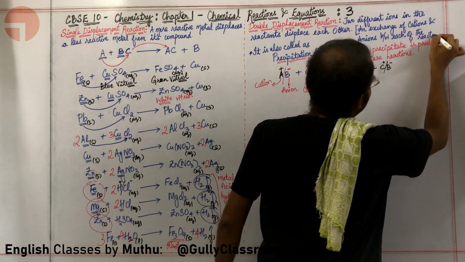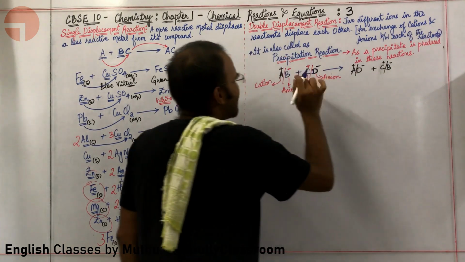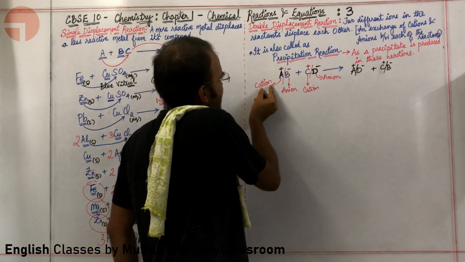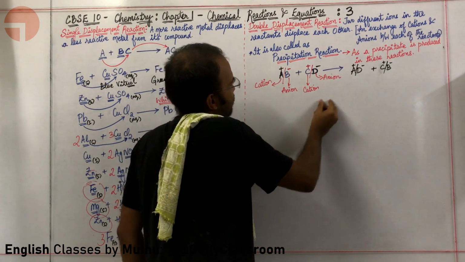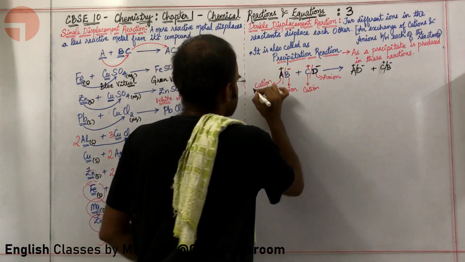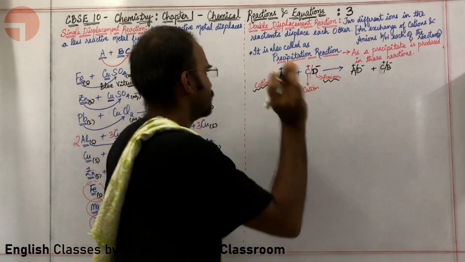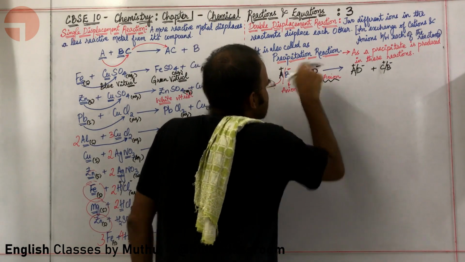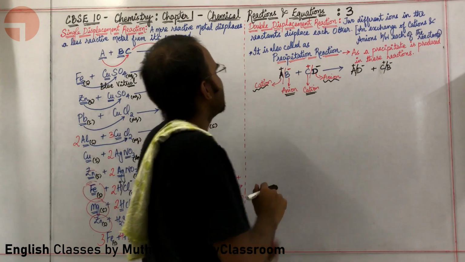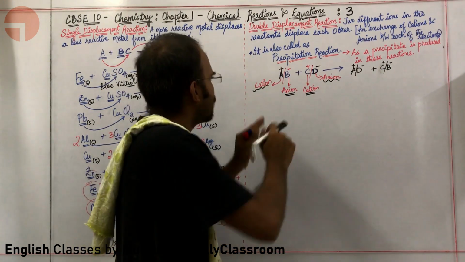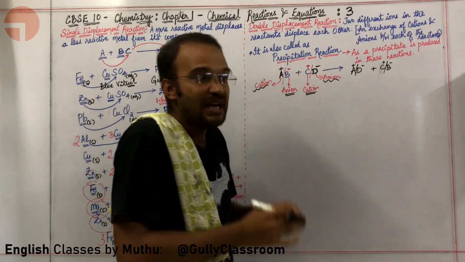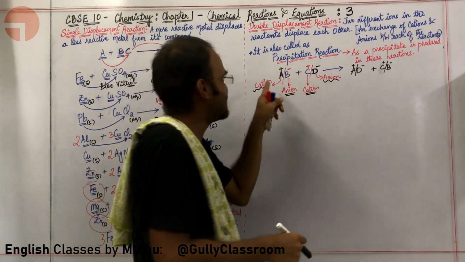The cation of the first compound is combining with the anion of the second compound. Similarly, the cation of the second compound is combining with the anion of the first compound. This is called a double displacement reaction because the metals A and C literally exchange the ions.